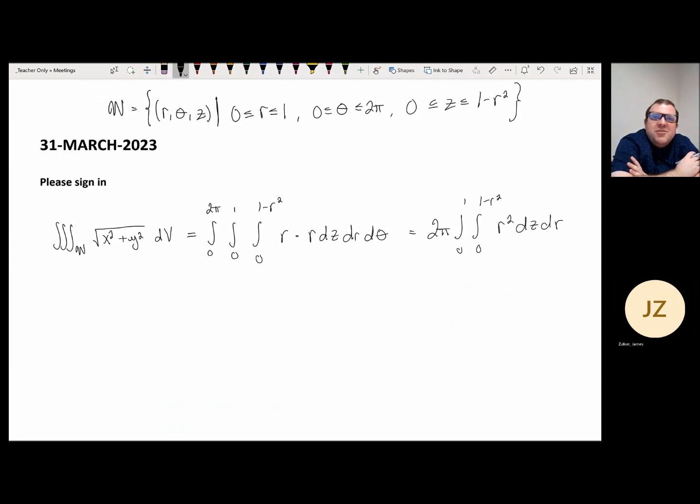There's no z in the integrand either. Ultimately, we're left with 2 pi times a single integral 0 to 1 of r squared minus r to the 4th dr.